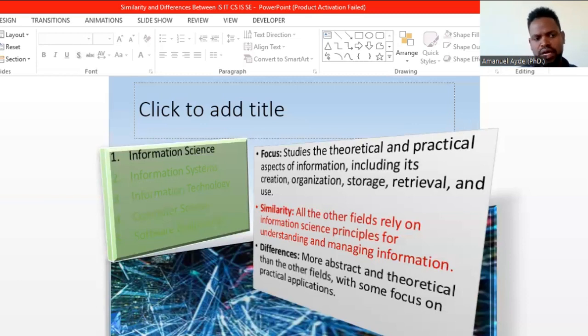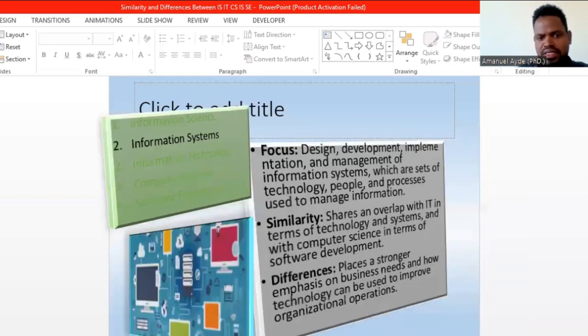The next one is information system. What does information system mean, and what is its focus? It focuses on the design, development, implementation, and management of information systems, which are a set of technology, people, and processes used to manage information, especially in the business area.